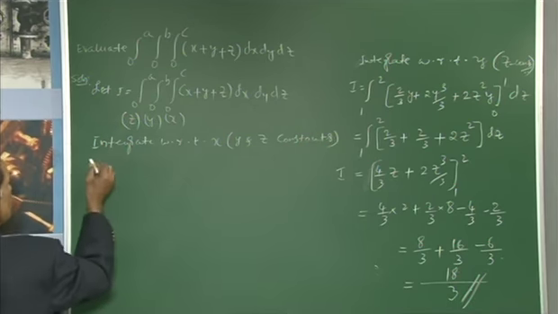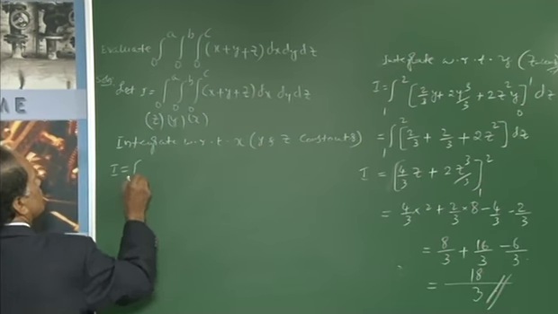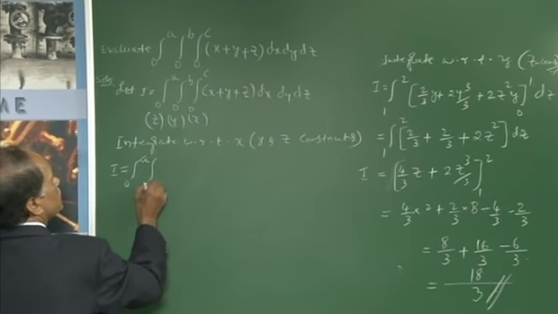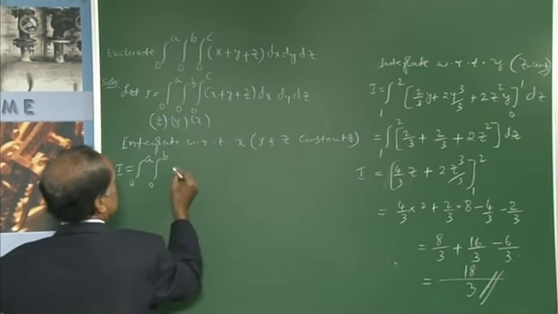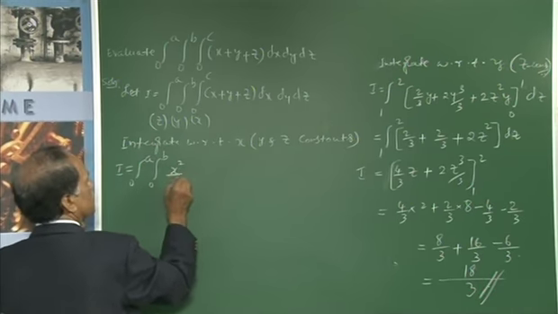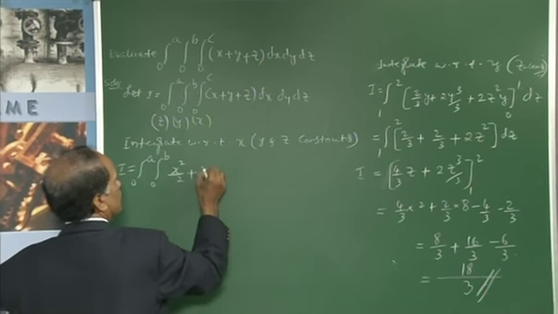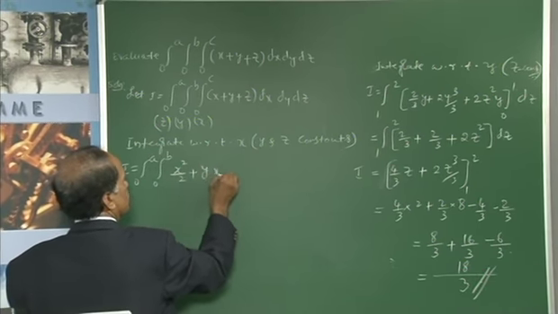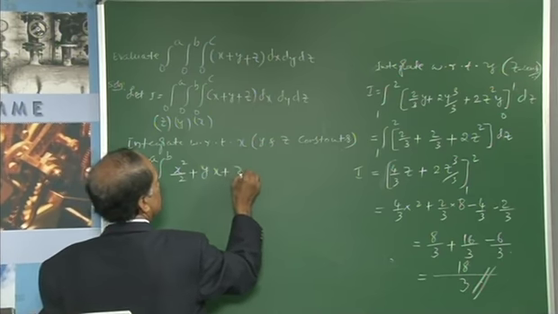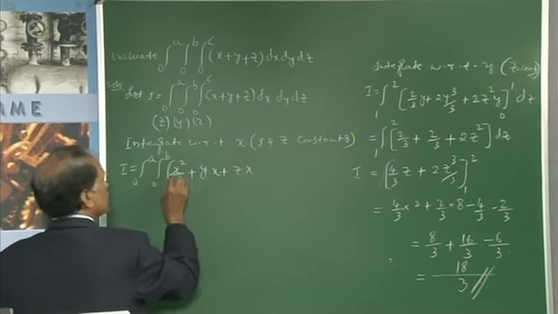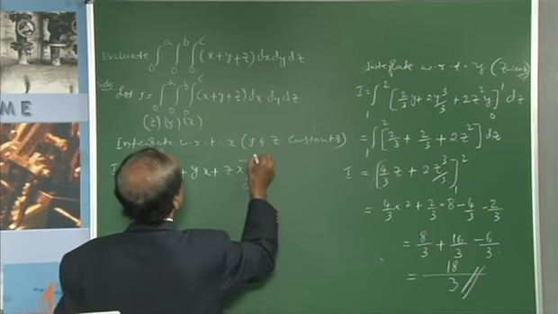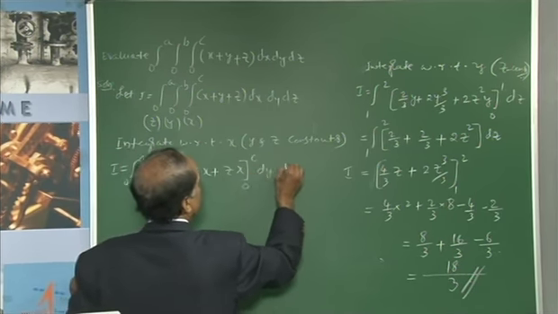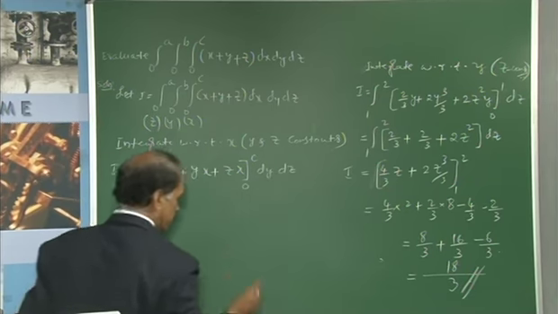Then I equal to 0 to a, 0 to b, then with respect to x it should be x square by 2, and y, that is y is constant, x you will put, and z is constant, x you will put. This quantity will be defined between 0 to c, dy and dz.